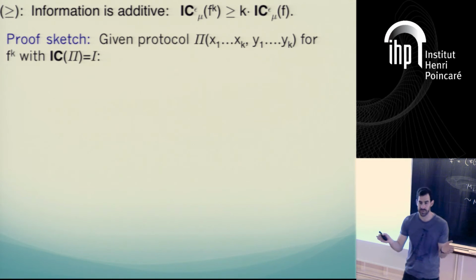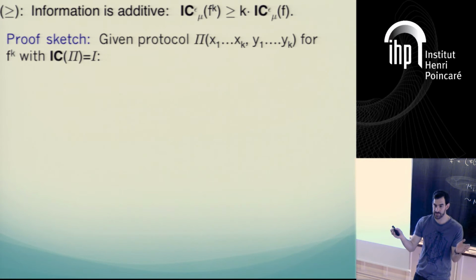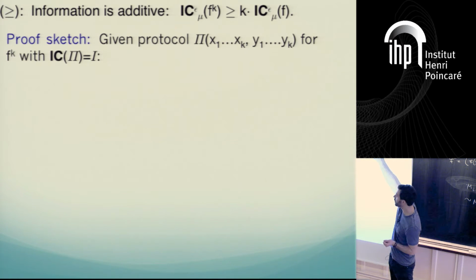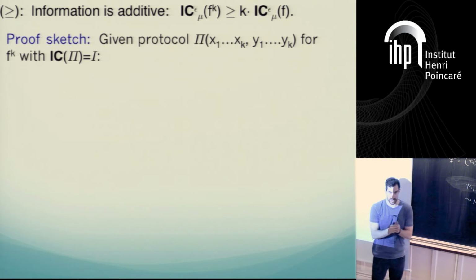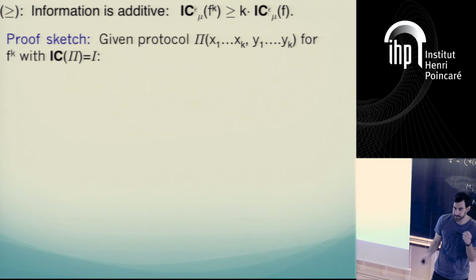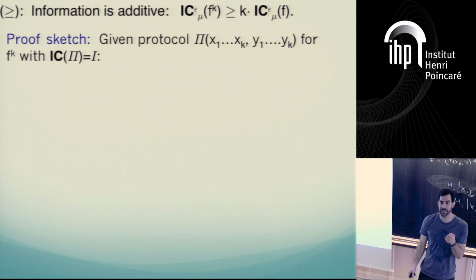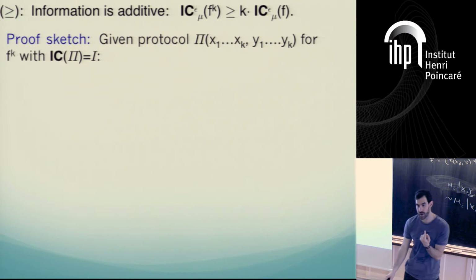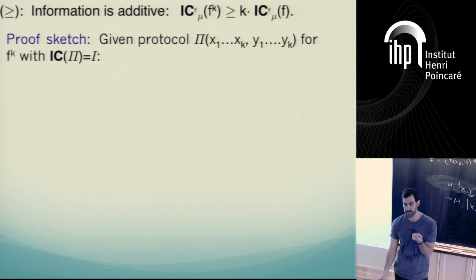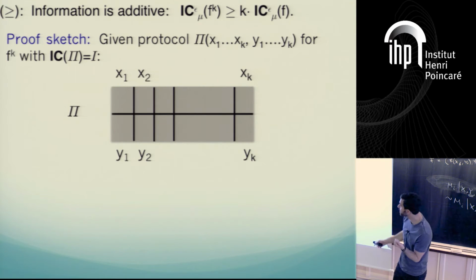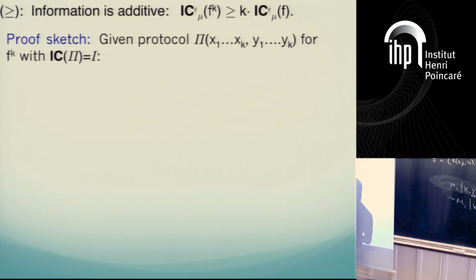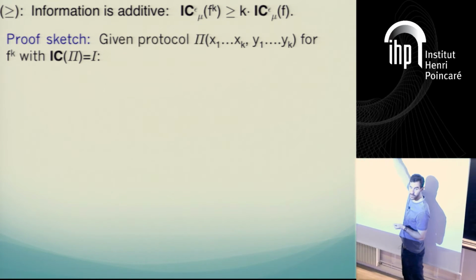So suppose we're given a protocol pi for k copies of the function f, and let's denote the information cost of this k-fold protocol by I. Our goal will be to produce a protocol for a single copy of the function f, which uses roughly I over k information. That will prove the theorem.